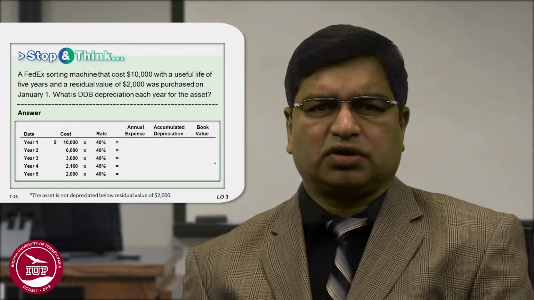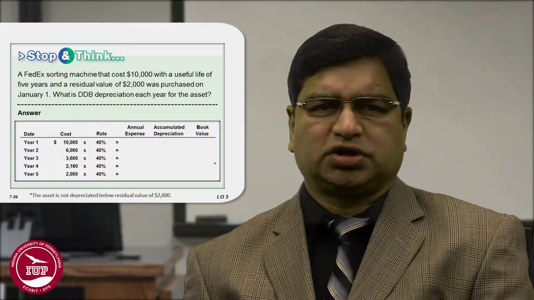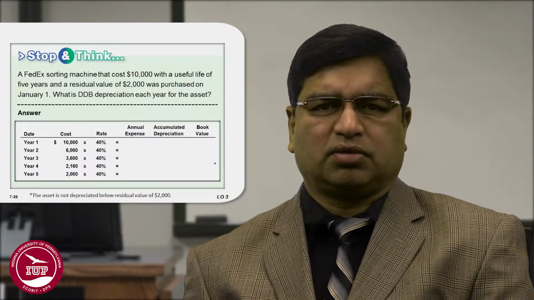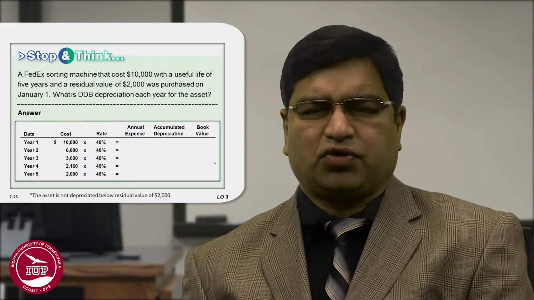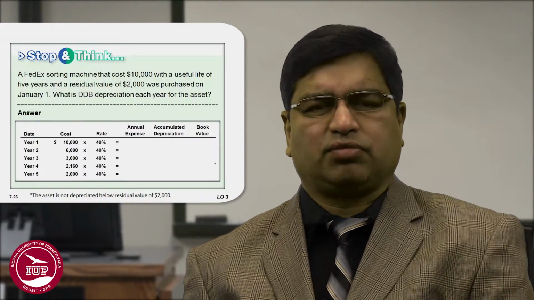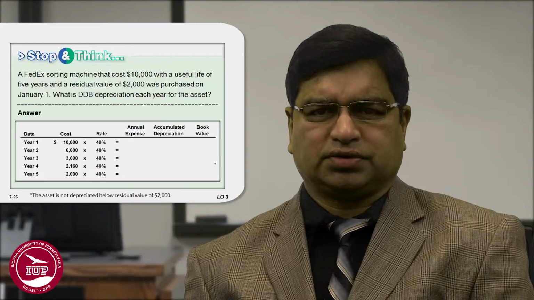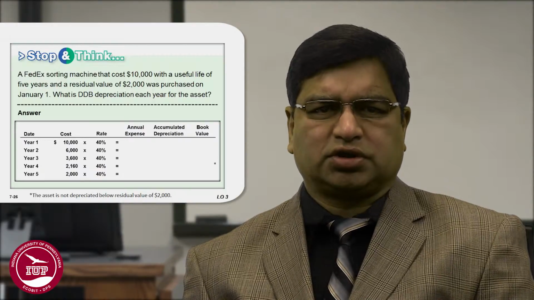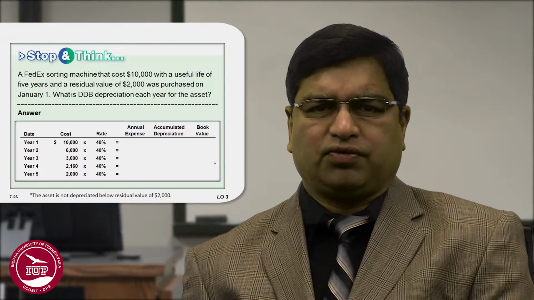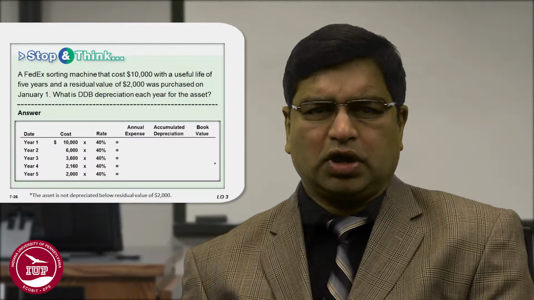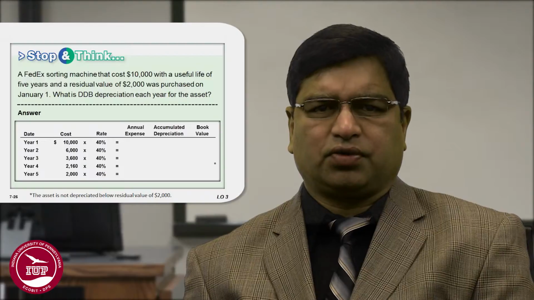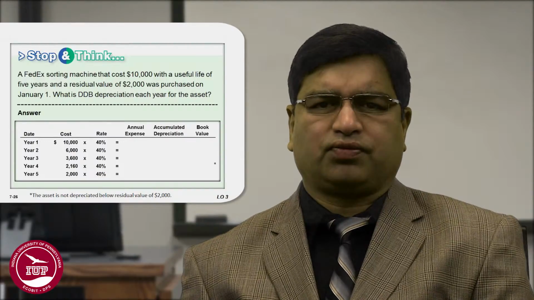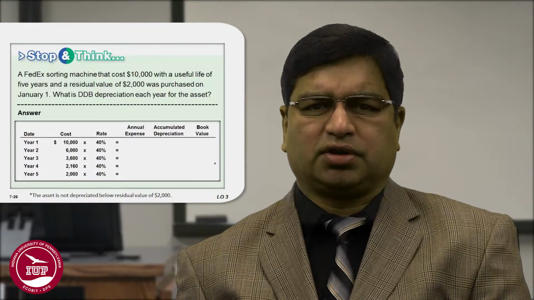So here is an example. You've got $10,000 FedEx sorting machines with a residual value of $2,000. Now instead of straight line, if you use the double declining balance method, the 40% depreciation in the first year based on the total value is $4,000, and your book value is $6,000. Then 40% of the $6,000 will give you the depreciation expense of $2,400, giving you the accumulated depreciation of $4,000 plus $2,400 at $6,400.